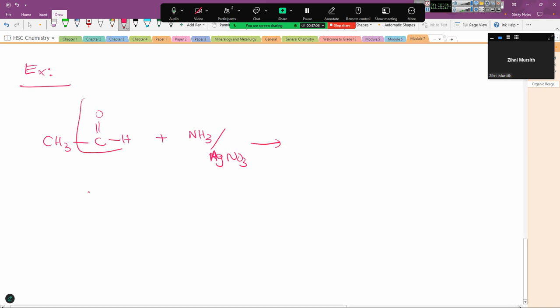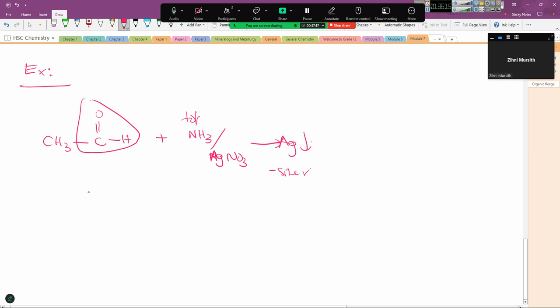Example: CH3 C double bond OH plus NH3, ammonia, AgNO3. If you have an aldehyde and you put Tollens reagent, it will produce Ag. What's the color of Ag? Silver.